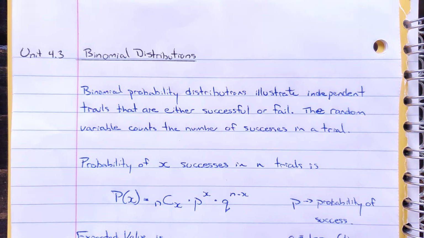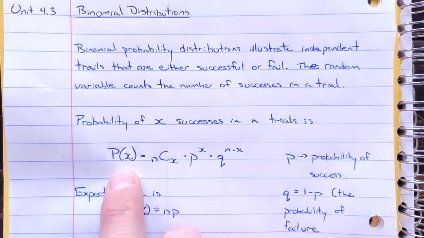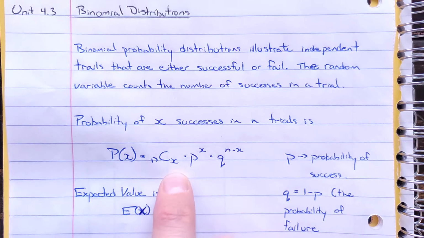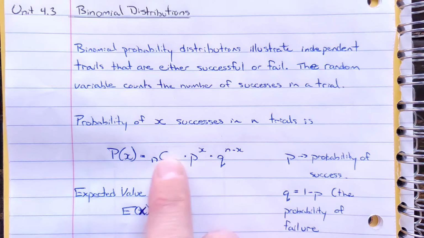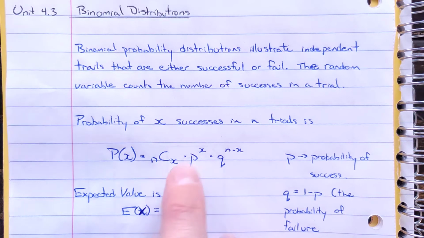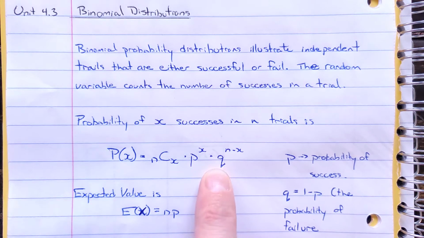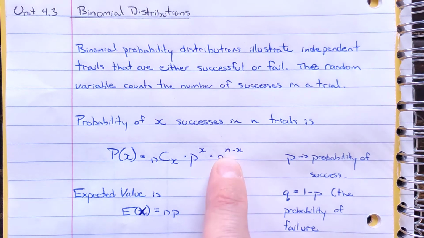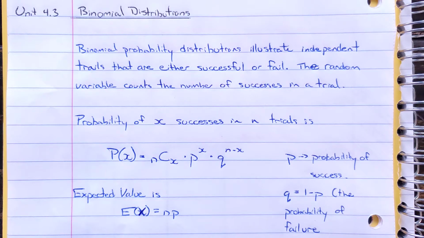So in general, the probability of X successes in N trials is, so there's our probability, N choose X, so the total number of trials, choose the number of successes, which ones of those trials are successes, times the probability of success to the power of the number of successes we have, times the probability of being unsuccessful, to the power of the number of times we would be unsuccessful.